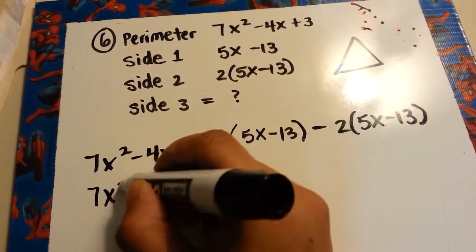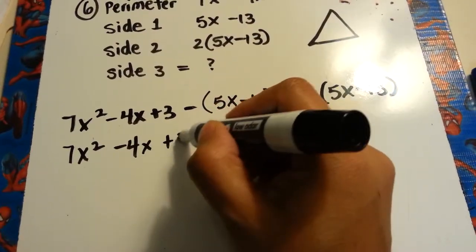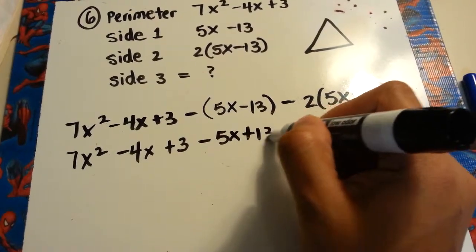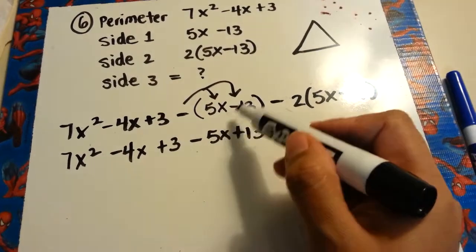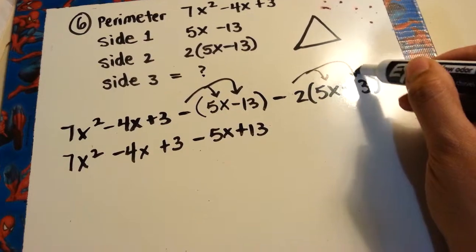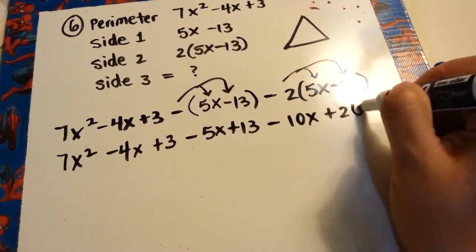So now we just do our thing. You got to distribute that negative sign. So it becomes minus 5x plus 13. And you got to distribute the negative 2. So it becomes minus 10x plus 26.